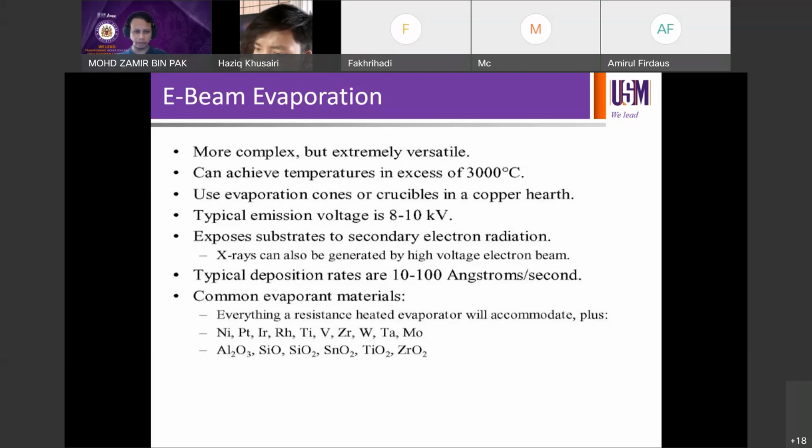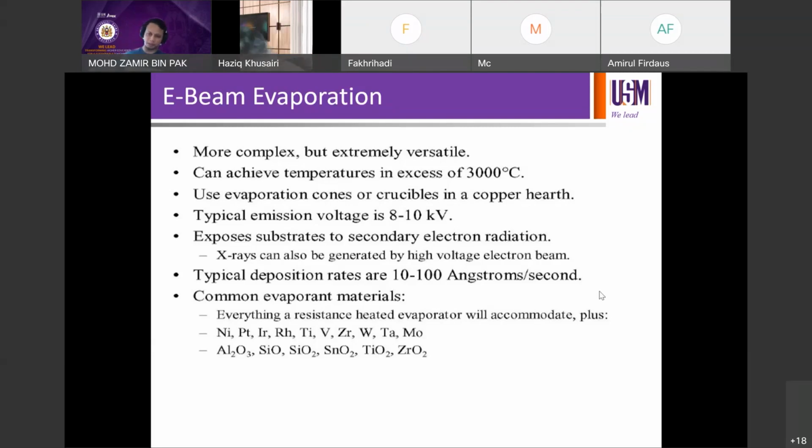Common evaporative materials: everything a resistance heated evaporator will accommodate, plus more. So all the materials can be done on electron beam, but not all can be done on thermal evaporation. Yang material yang melting point rendah pun electron beam can handle.